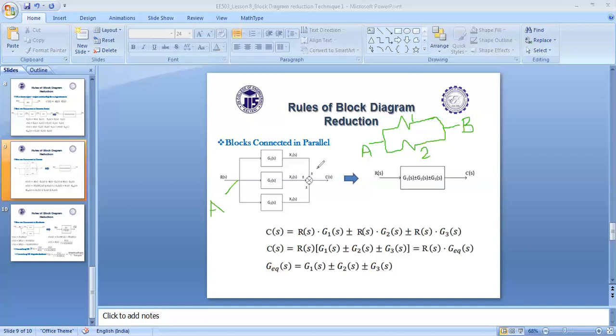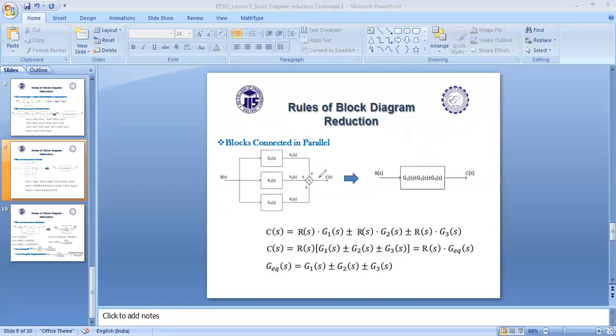Based on that fact, if we consider this point as A, and the summer as B, then the starting point of G1 is A, the ending point of G1 is B. The starting point of G2 is A, the ending point is B. The starting point of G3 is A, the ending point is B. So all these three blocks have the same starting and same ending point, which implies that these three blocks are connected in parallel.